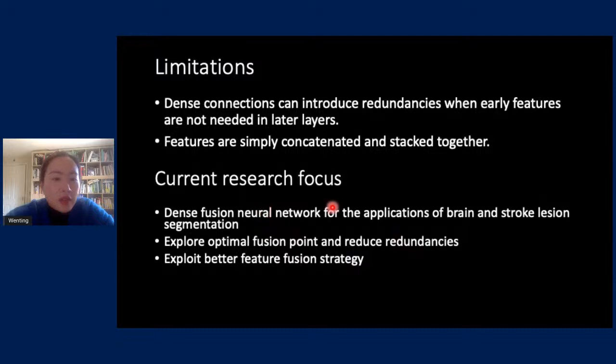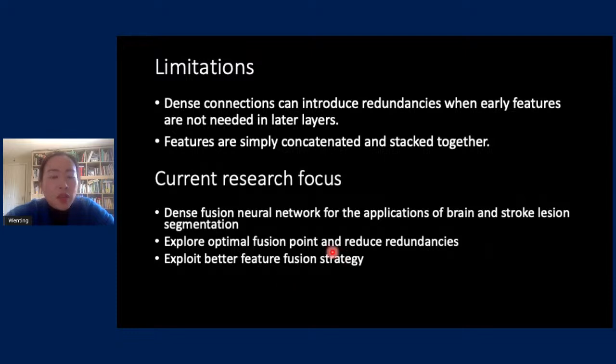So our current research focus lies on exploring the optimal fusion point and trying to reduce the redundancies existing in this network.